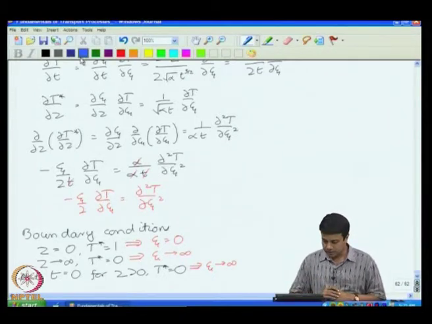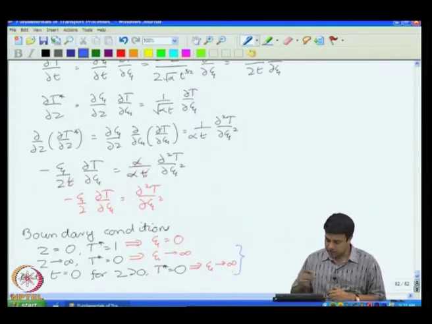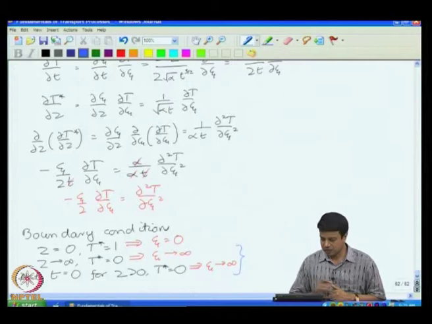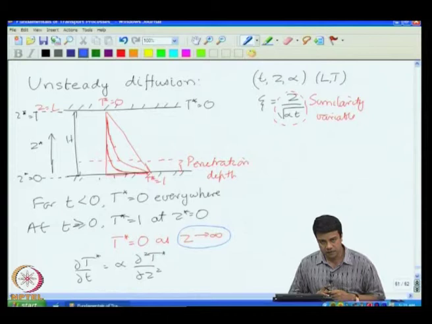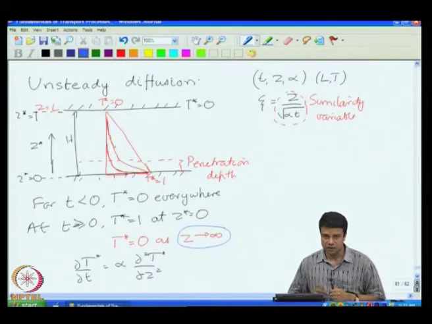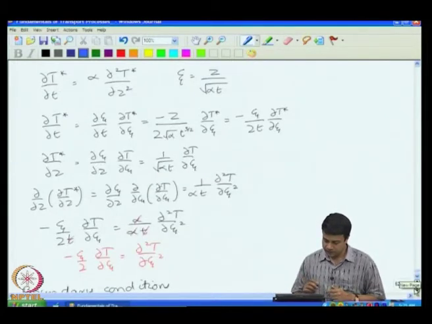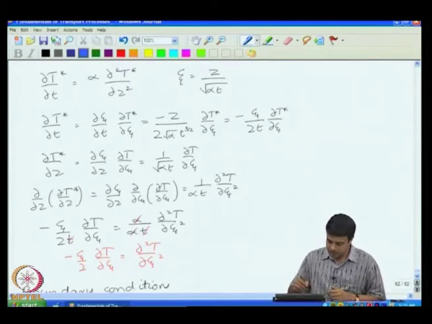And you can see that when expressed in terms of the psi coordinate, these two boundary conditions are exactly the same. I had started off with a second order differential equation in the z coordinate, a first order differential equation in time that required two boundary conditions in the spatial coordinates, one initial condition in time, and then I reduced the variables using the similarity transform to an equation just in terms of one variable psi.